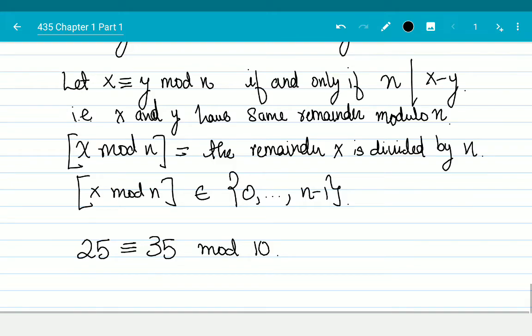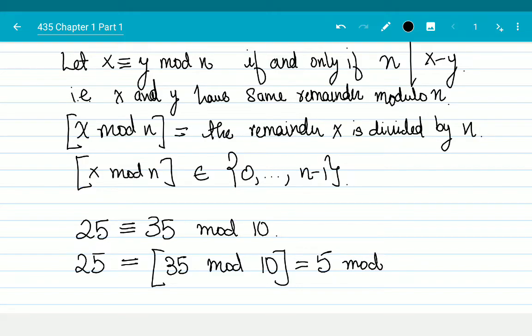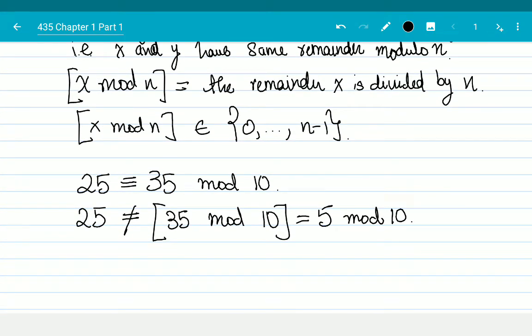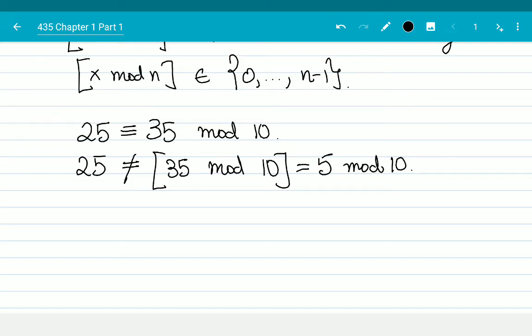However, 25 is not equal to 35 mod 10, because this notation is equal to 5 mod 10. So this is just very basic notation of what happens.